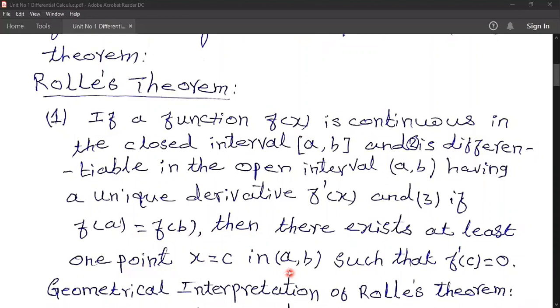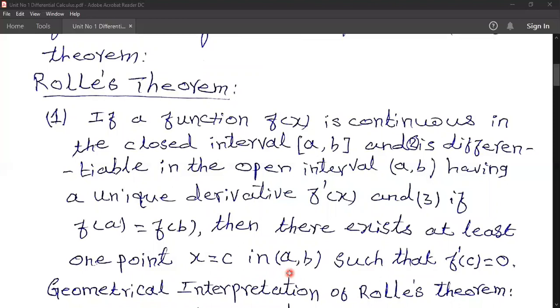So here we see that the function f of x is continuous in the closed interval [a, b], and it is differentiable in the open interval (a, b), having the derivative f dash of x, and also the ordinates f of a and f of b are equal.